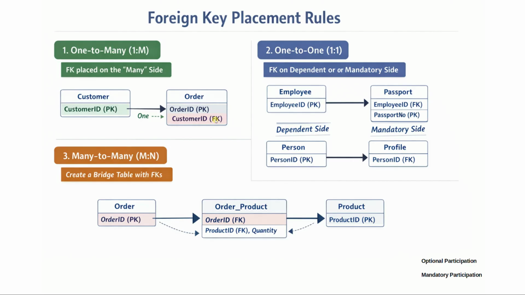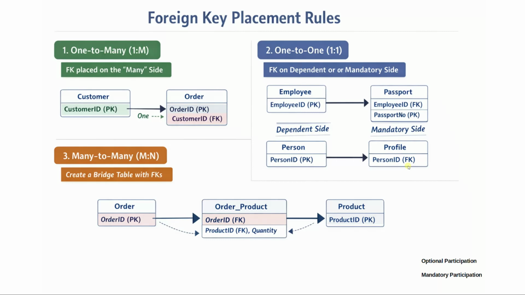Now, in the case of a one-to-one relationship, we have three options, but for the moment, to understand it quickly, you can put the foreign key on any side, on the employee side or the passport side. If you want to learn it in more detail, we have a separate discussion on this.